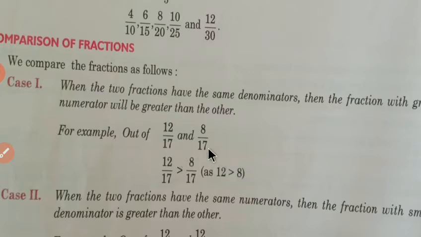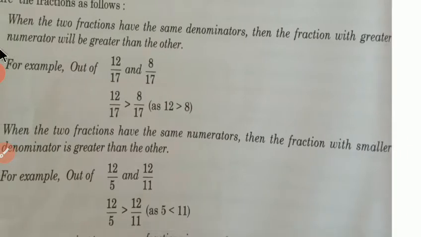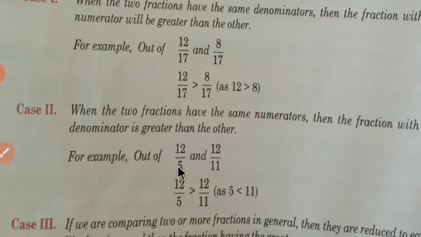If the denominators are equal, then you have to compare the numerators, and the fraction with the greater numerator will be the greater fraction. Then case 2, when the two fractions have the same numerator, then the fraction with smaller denominator is greater than the other. For example, out of 12 by 5 and 12 by 11, here you can see the numerators are equal.